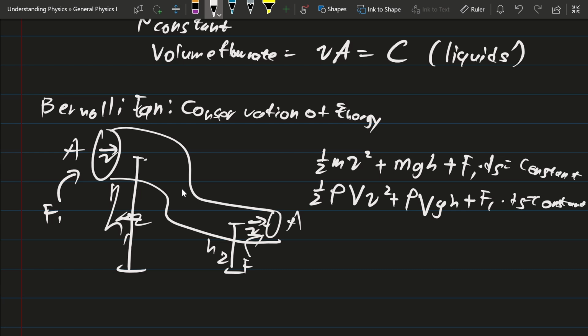I will take the v to be a constant. Well, you couldn't really state that, but I will just divide the entire thing by a certain value called v. And the v doesn't really change over time, so we can just assume that the v is constant. So we would obtain half rho v squared plus rho gh plus f1 times ds over v. And this is constant, right?